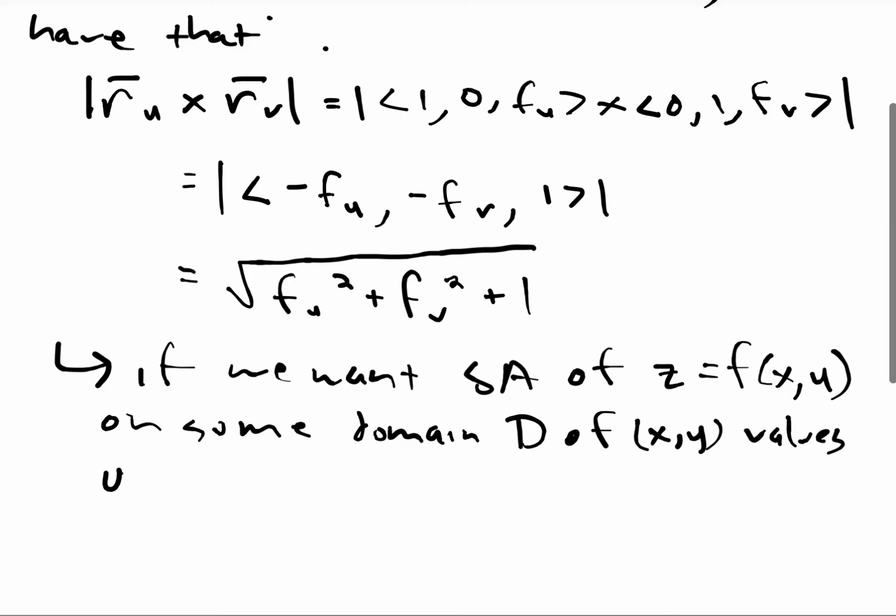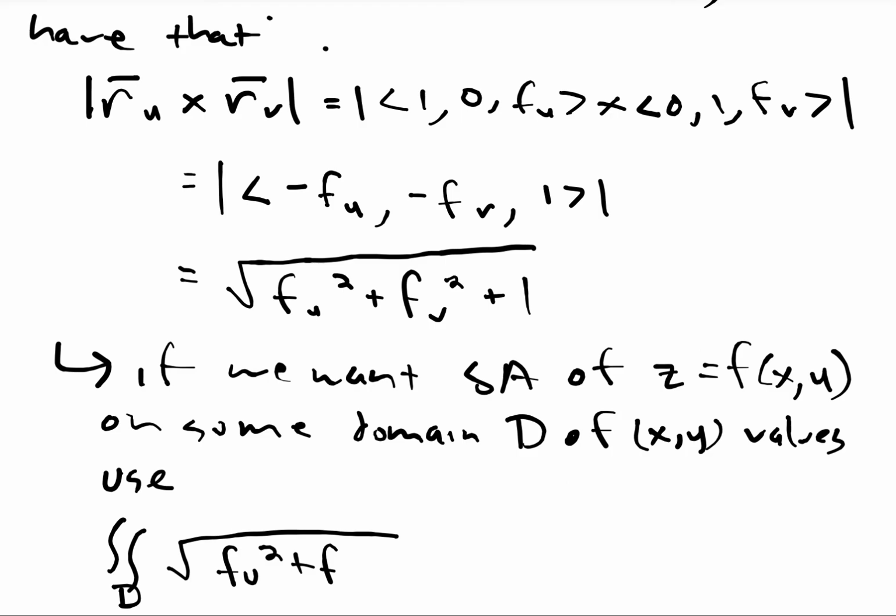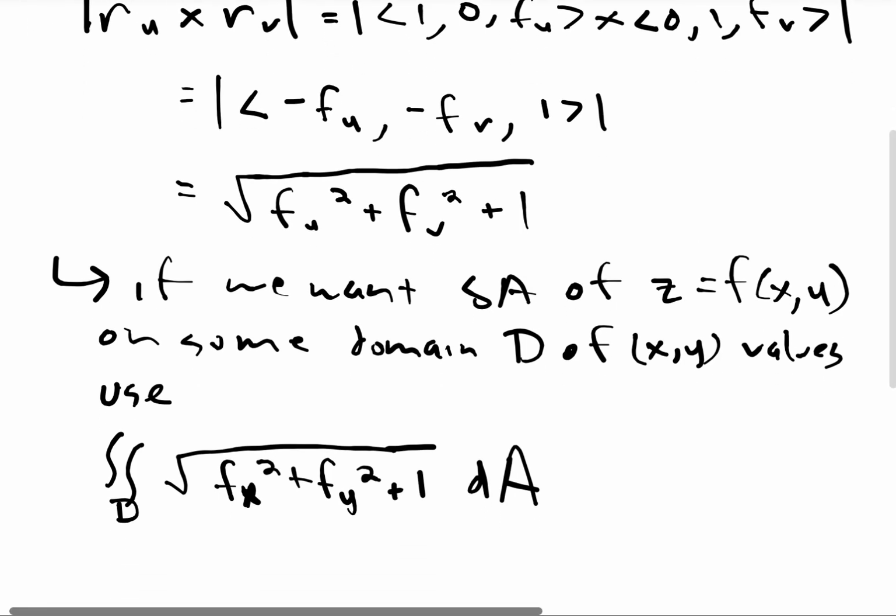So instead of the cross product and magnitude, I can just set up this much simpler integral: f_u squared or f_x squared, if I'm doing this in terms of my original variables, and f_v squared or f_y squared in terms of my original variables. I can just set up this guy. This is an alternate formula that you could be using if you have a slightly different surface.